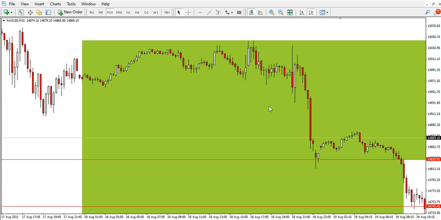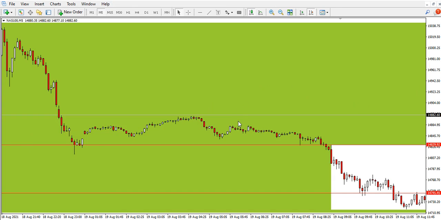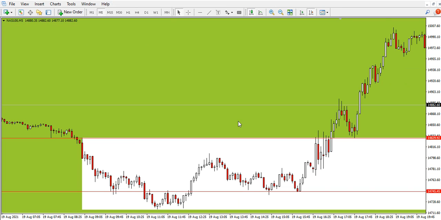Let's go to the order block here. We are on M15 now. This is where price came to, this is where the price rejected the order block inside the order block. Okay, this is M15. Let's check what is happening on M5.